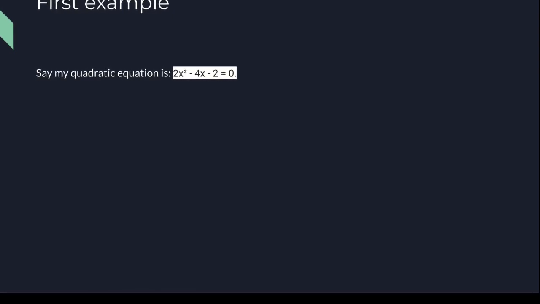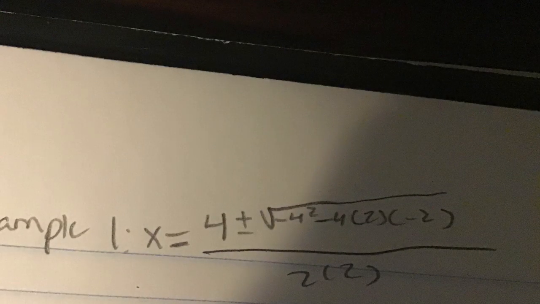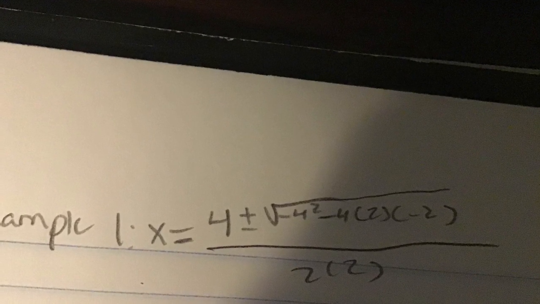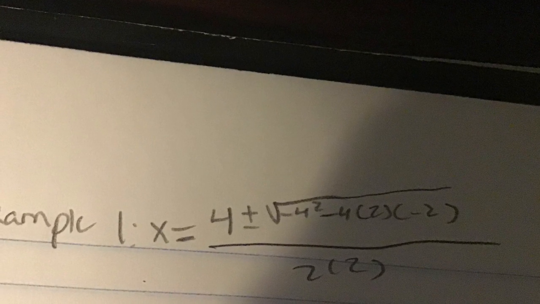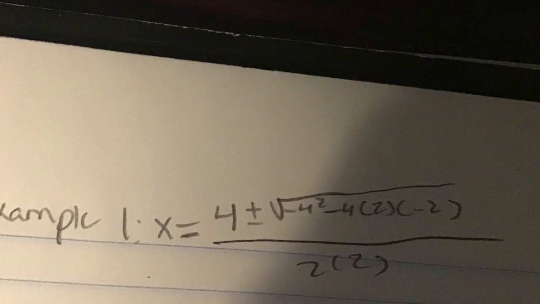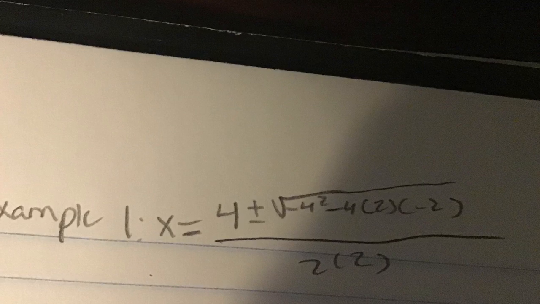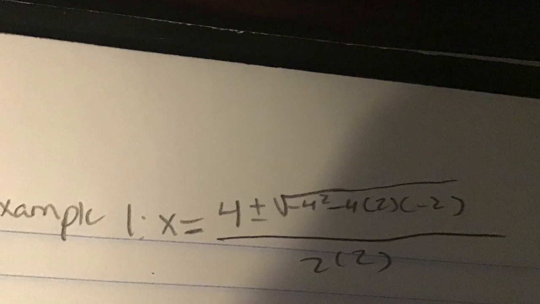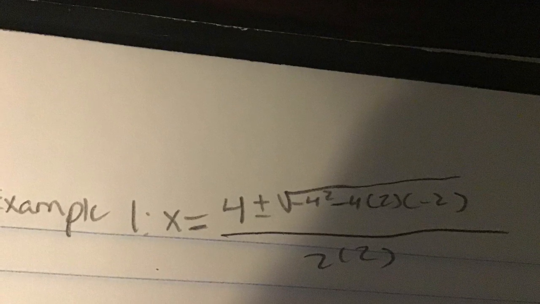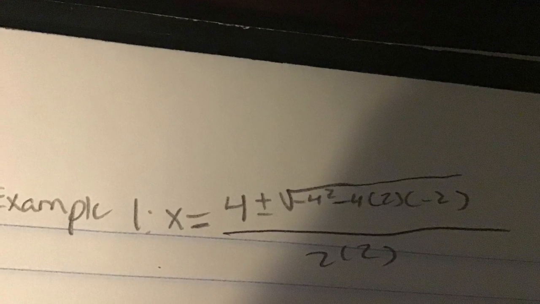So the formula would be x equals 4, because negative b, if you plug in a negative 4 for that, the negative turns into a positive because there's two negatives. Plus or minus the square root of, now we're doing the b squared. So for b squared, you want to plug in b, so (-4)² minus 4ac.